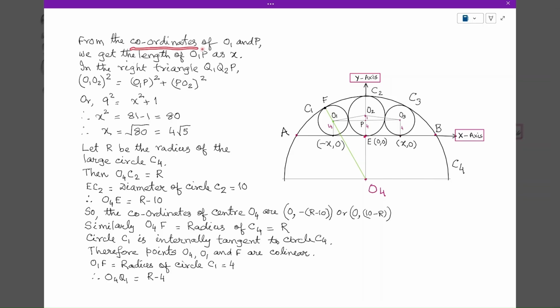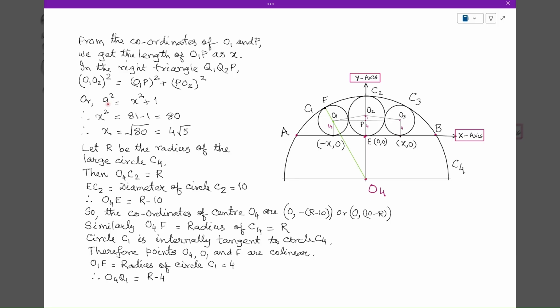From the coordinates of O1 and P, O1 being (-x, 4) and P being (0, 4), we get the length of O1P as x. That is, this is distance x. In the right triangle O1O2P, that is this small triangle here, hypotenuse square, that is O1O2 squared, is equal to the sum of the squares of the two sides, O1P squared plus PO2 squared.